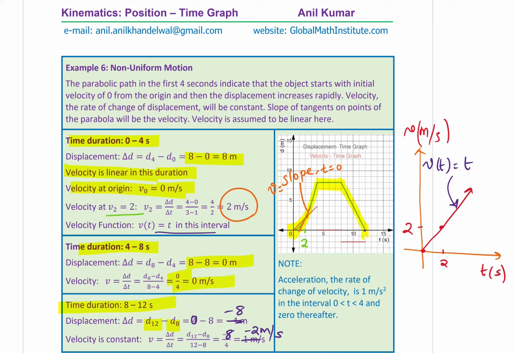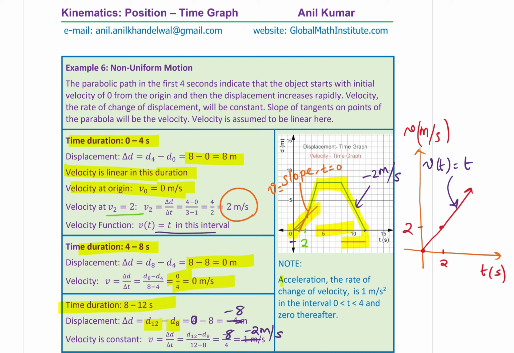So in this case, the velocity is minus 2 meters per second, but it is constant. This minus 2 meters per second is shown with this particular line, correct? This line indicates the velocity of 0 because it was stationary, and the line before that, the increasing velocity, is shown as a straight line. That is how we could draw the velocity graph also.